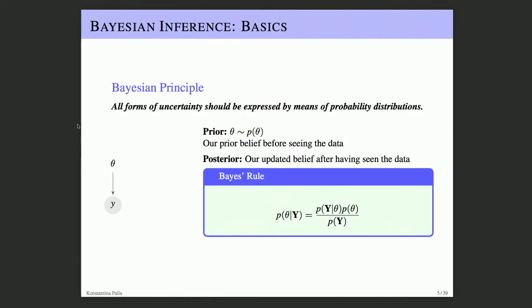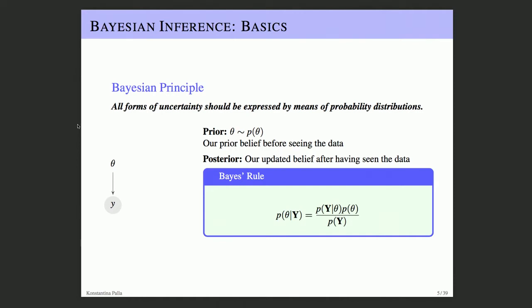So let's go deeper into the Bayesian world now, and let's talk about how we think in Bayesian terms. What the Bayesian principle says is that all forms of uncertainty should be expressed by means of probabilities, or to be more specific, by means of probability distributions. That means that if in my model I have a parameter that I don't know, then I'm going to put a distribution over it. In my example, I observe the y's, but I don't know anything about the thetas.